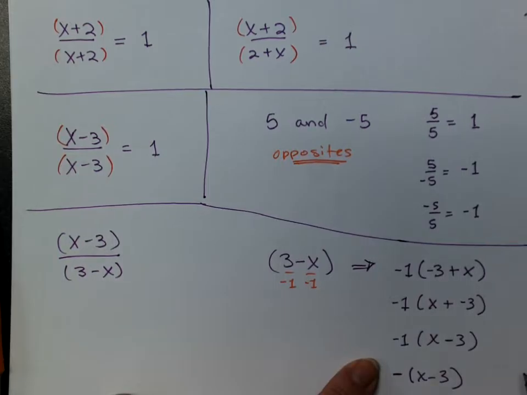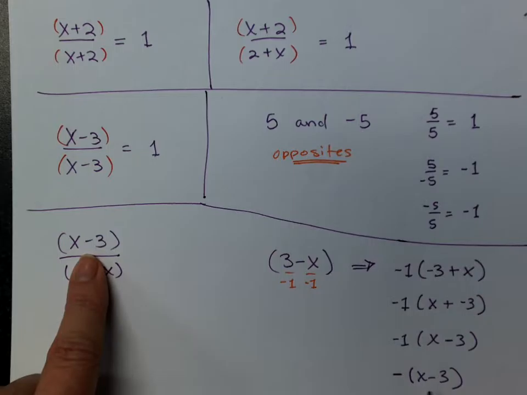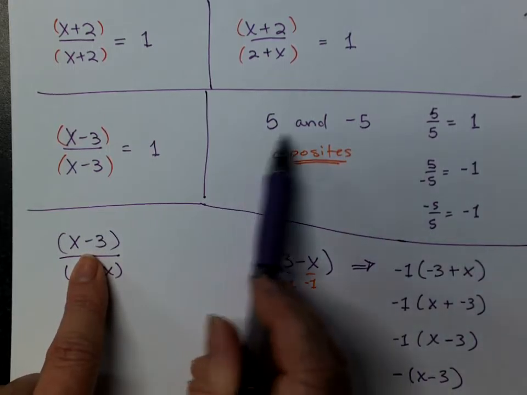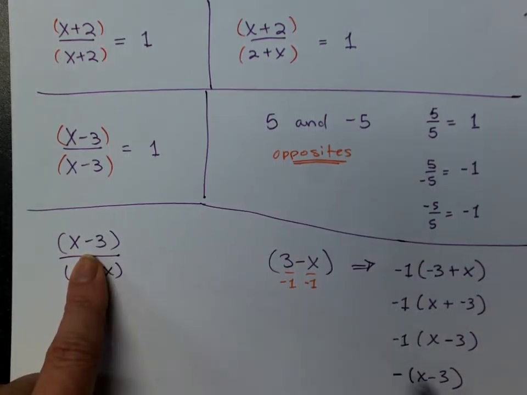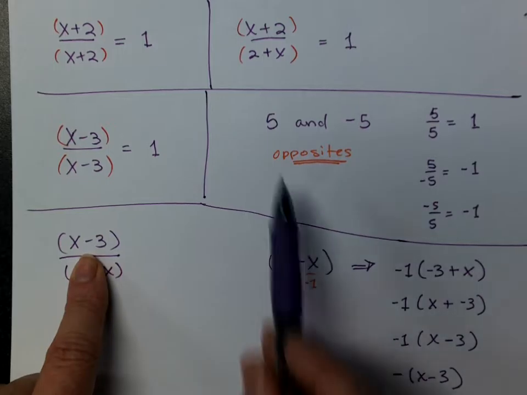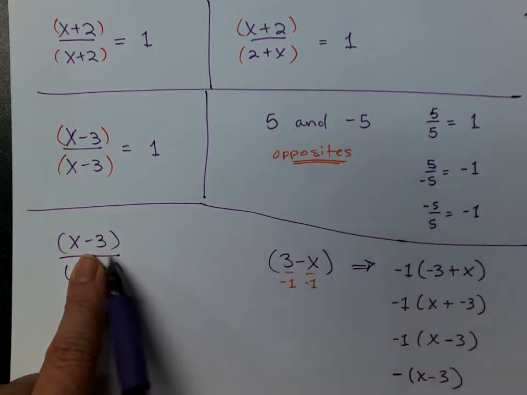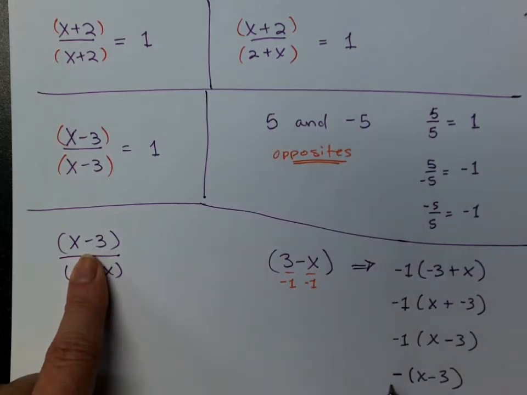Okay? So if I factor out a negative 1, I have the opposite. Just like 5 and negative 5 are opposites, x minus 3 and 3 minus x are opposites. Okay? Because opposites means one's this way and one has a negative in front of it.